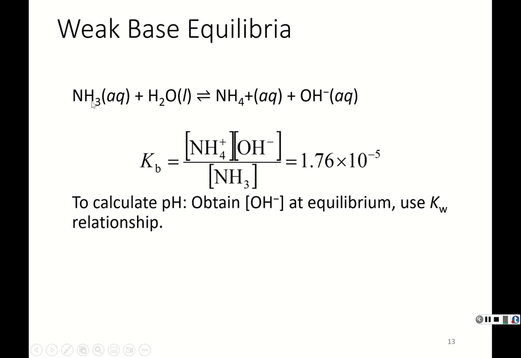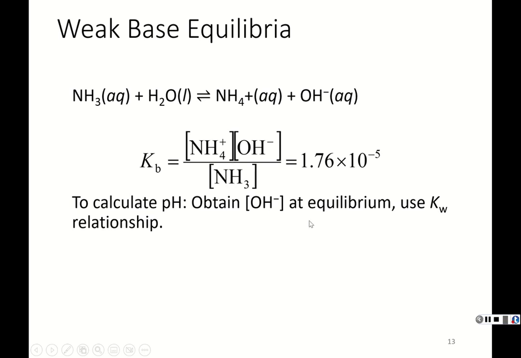So we have ammonia plus H2O goes to NH4 plus and OH minus. If we wrote our equilibrium expression for this, for a weak acid we'd get a Ka value, but since this is a base, we call this Kb. So you get the products, which would be the conjugate acid plus OH minus, divided by the base.